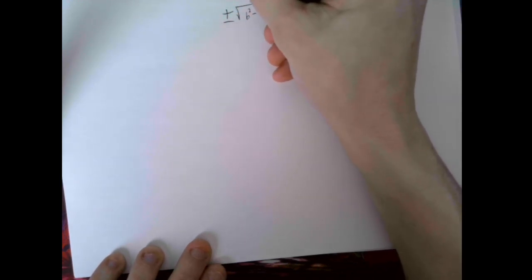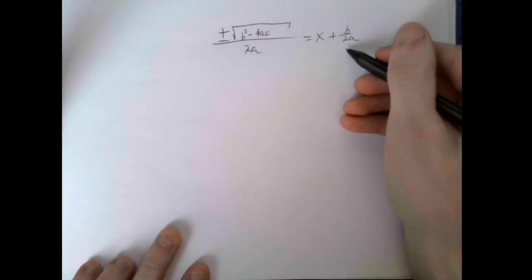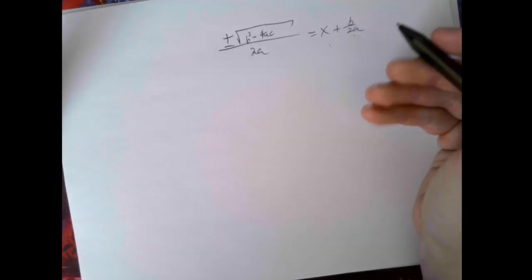We're going to do that on your paper. So what we had up there was plus or minus the square root of b squared minus 4ac over 2a equals x plus b over 2a. And again, we're going to subtract b over 2a from both sides because we want to get this x by itself again.